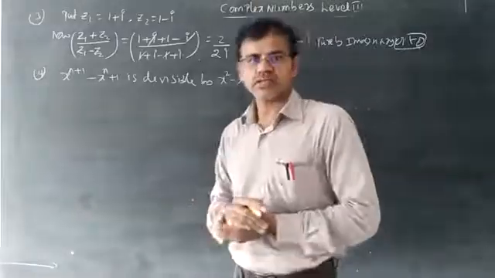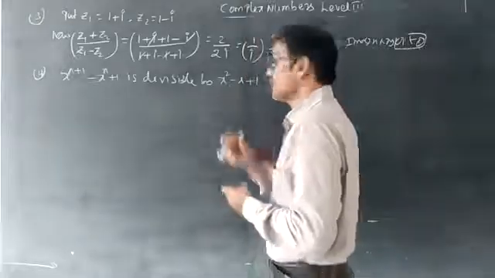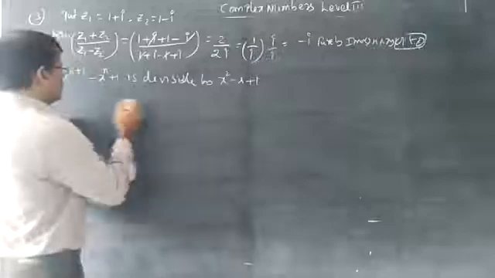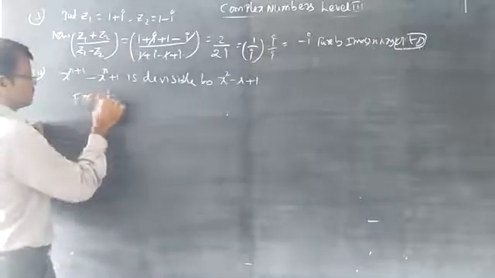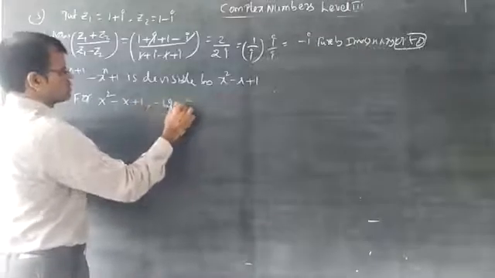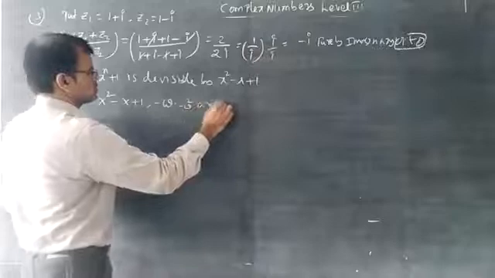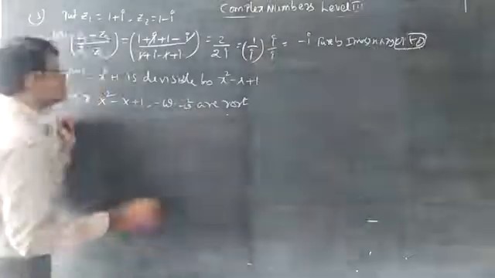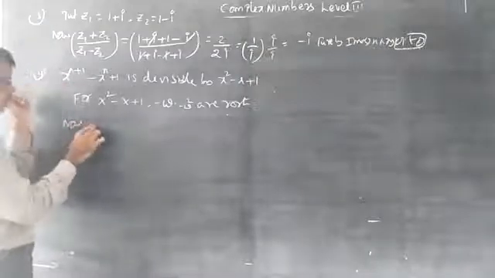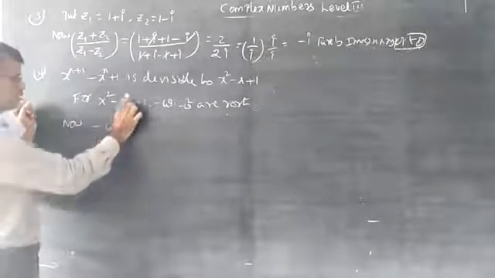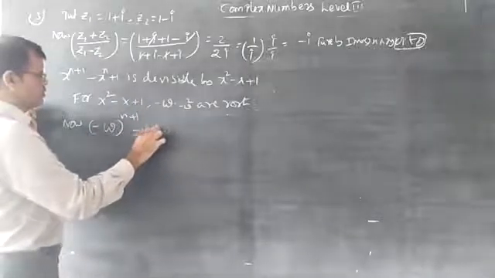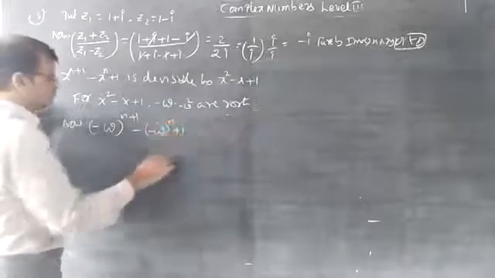Whenever x square minus x plus 1 equals 0, omega and omega square are roots. Not omega here, minus omega for this one. For x square minus x plus 1, minus omega and minus omega square are roots. Now substitute the value here, minus omega whole power n plus 1 minus omega whole power n plus 1 plus 1.